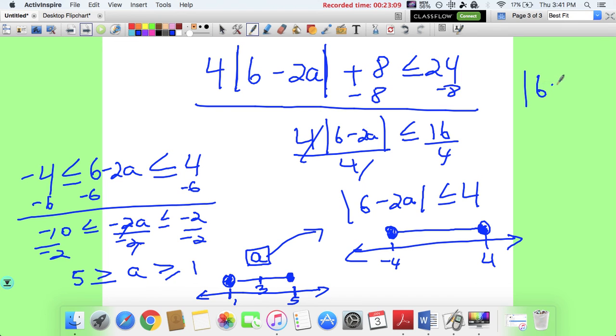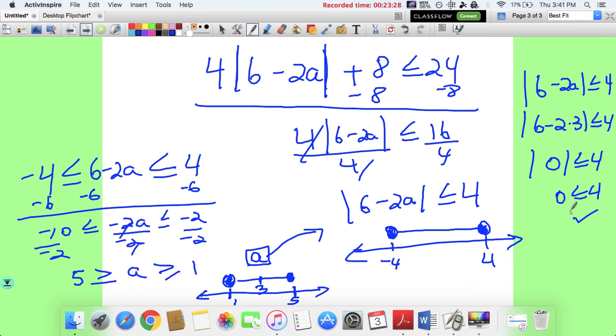The absolute value of 6 minus 2a less or equal to 4, if I switch the a for 3, I get absolute value 6 minus 2 times 3 less or equal to 4. And 6 minus 2 times 3 is just 0, less or equal to 4, and the absolute value of 0 is just 0, and you can tell that it works. And just likewise, you can also pick a number outside just to see that it doesn't work.